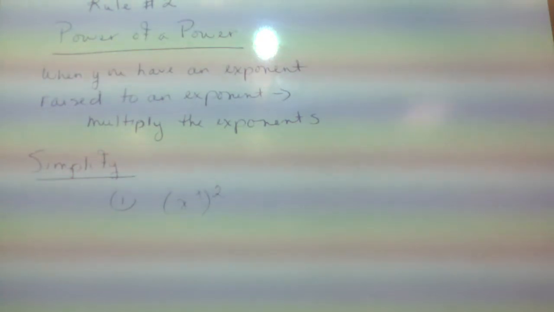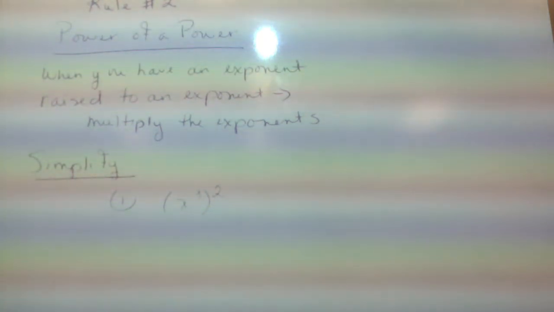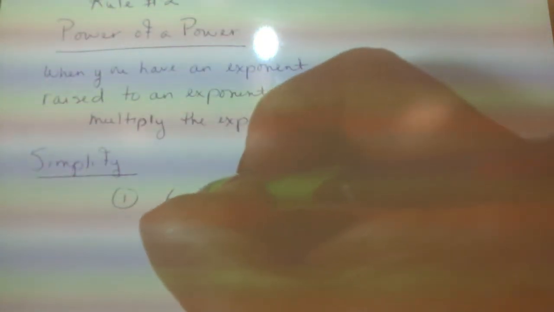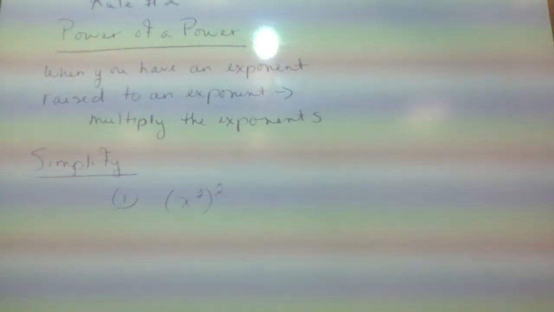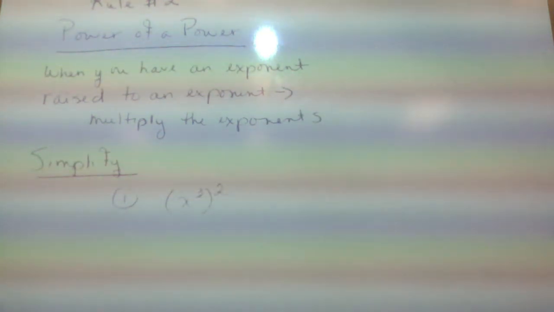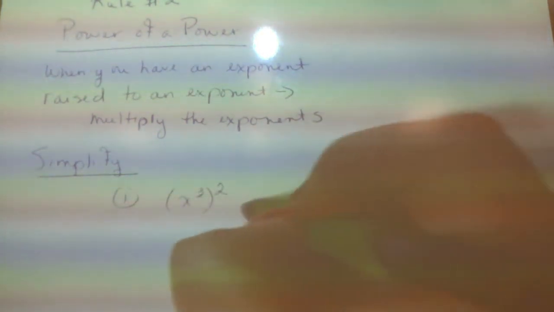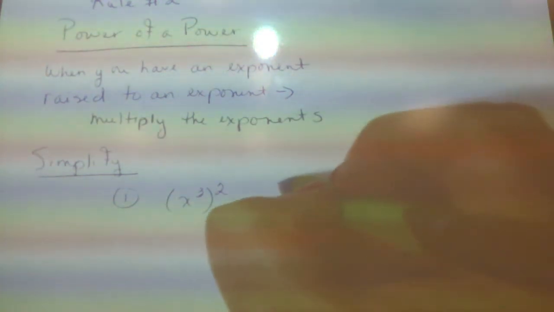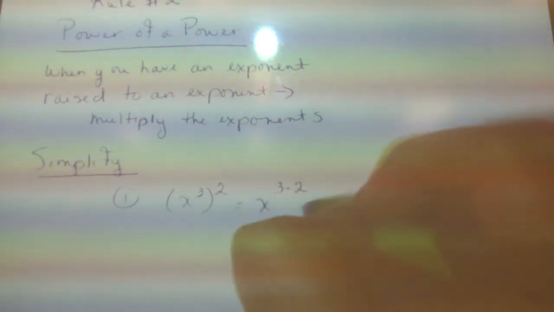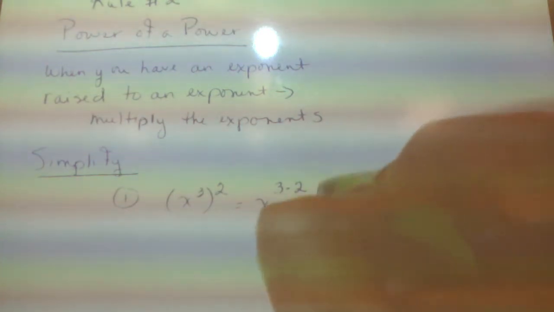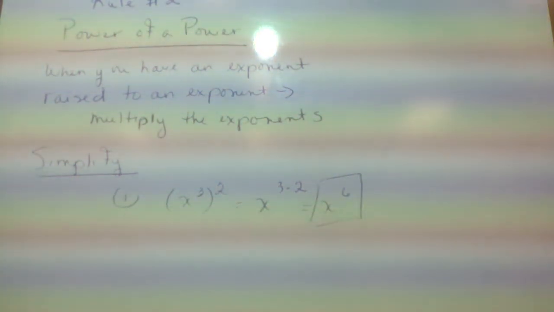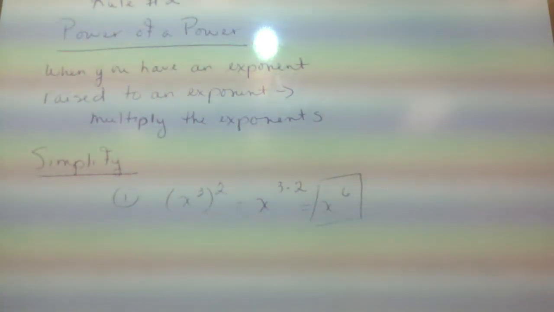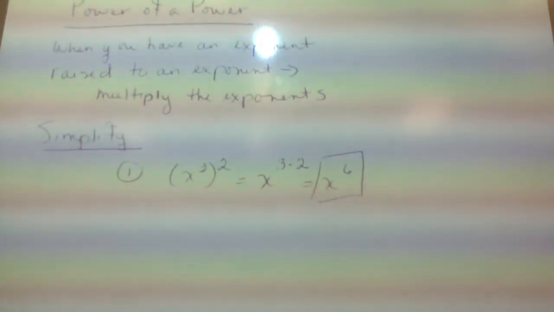So we're going to start off pretty simple and then we'll get into more complex problems. So I've got x cubed raised to the second power. All I'm going to do is take those exponents and multiply them. So that's 3 times 2. That's giving us x to the 6th. Pretty straightforward. Let's take a look at number 2.